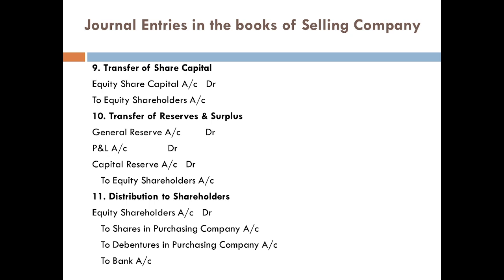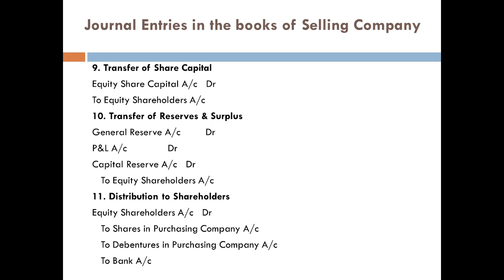So the journal entry is equity shareholders account debtor to shares in purchasing company account, to debentures in purchasing company account, to bank account. So dear students, first we started with transferring the assets and liabilities to realization account. Then we created the due for purchase consideration in realization account. Then we had revalued assets and liabilities being taken over by the purchasing company. Then we have transfer of share capital to the equity shareholders, where the journal entry was equity share capital account debtor to equity shareholders account.